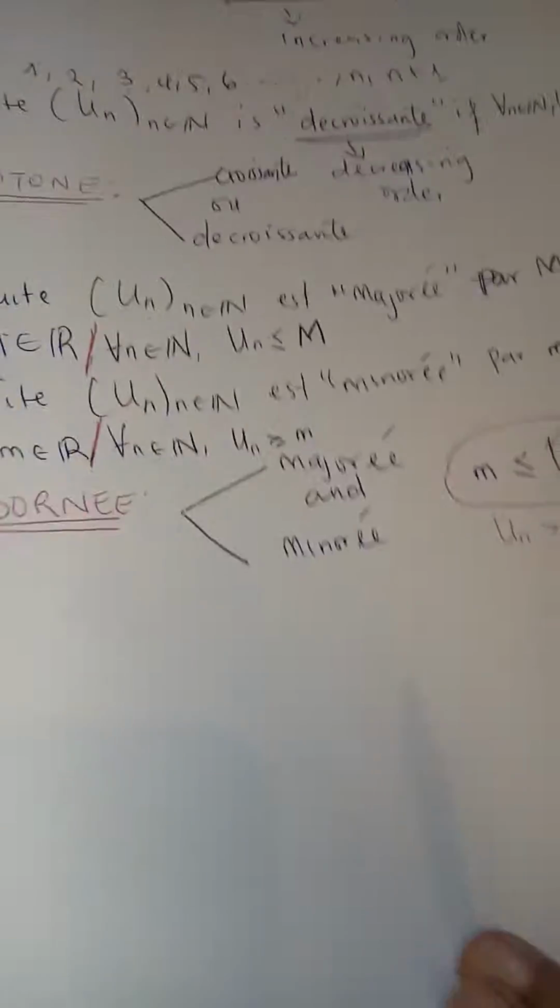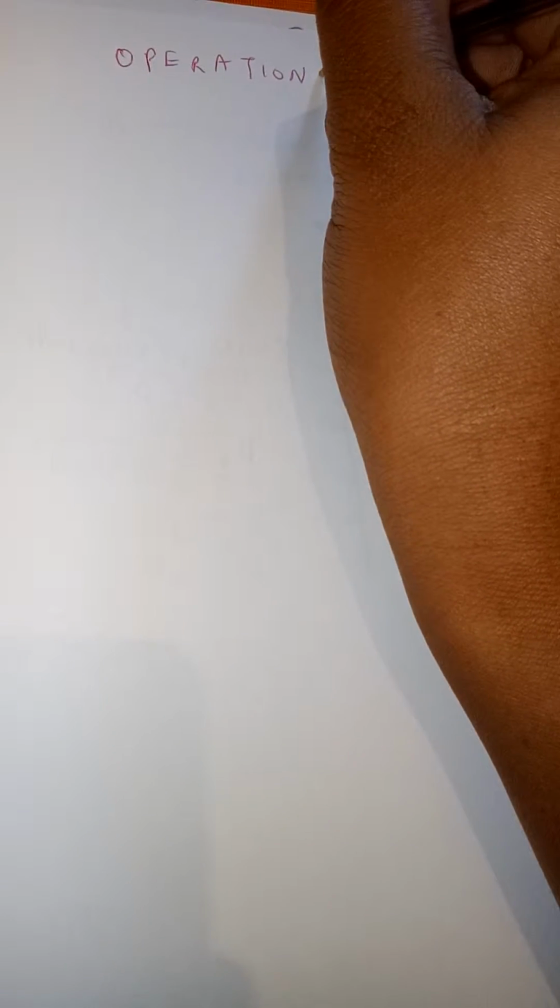Now today we are going to continue. We are done with its properties. Now we're going to look at its operations, the operations sur les suites. We've been talking about un, and it depends on how that suite is noted.